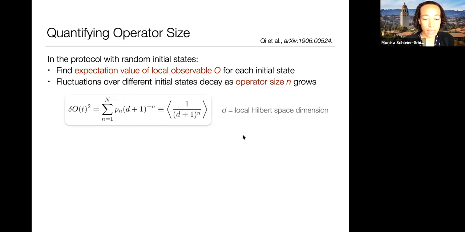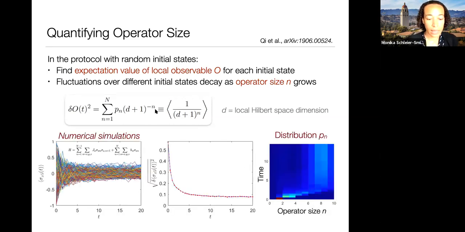Here I have a spin model, an Ising model in a transverse and longitudinal field, that should be chaotic.